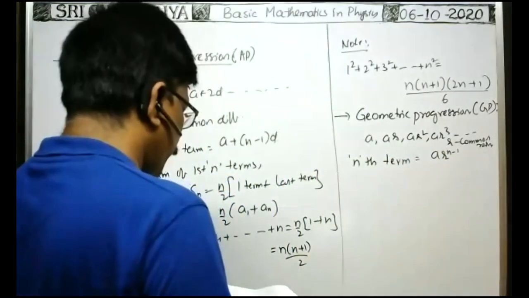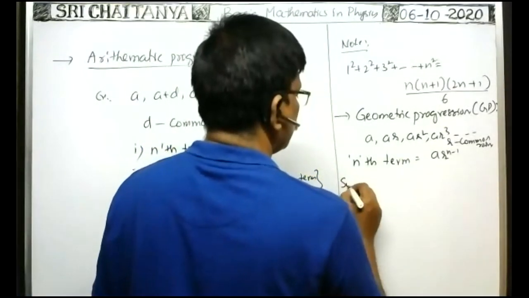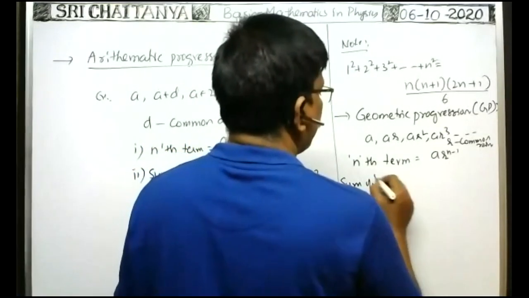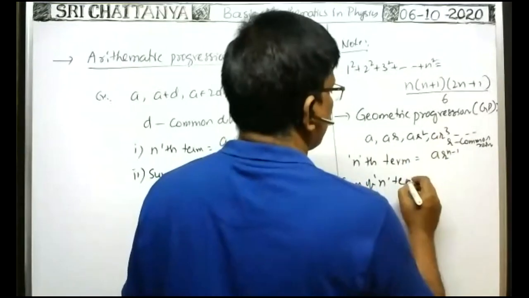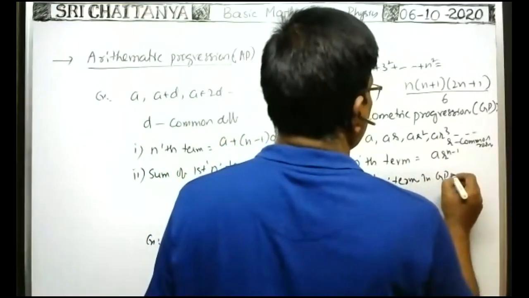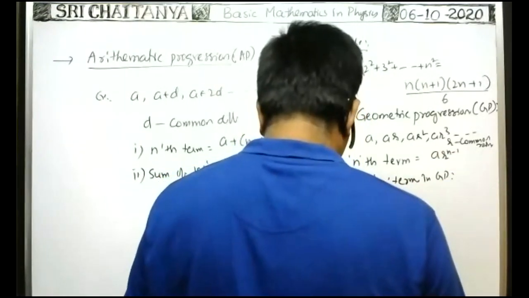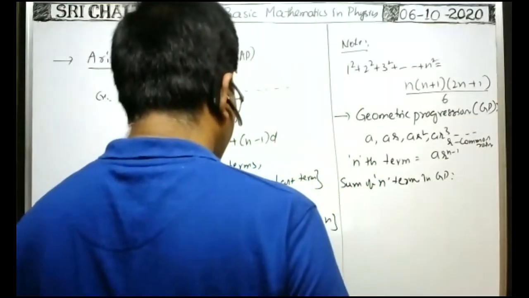Next is the sum of n terms in GP, that is, a summation of all these terms. That depends on the common ratio.